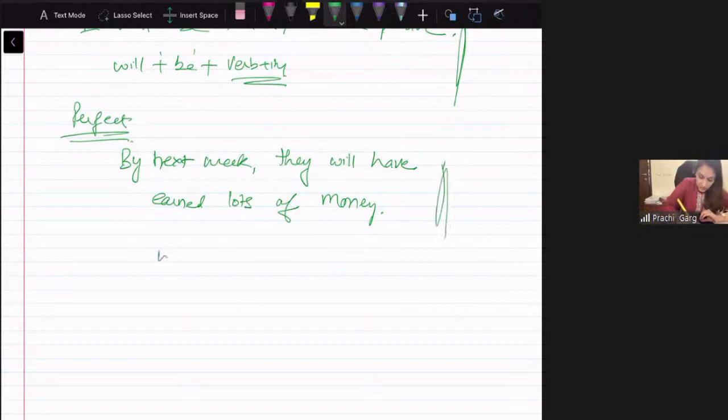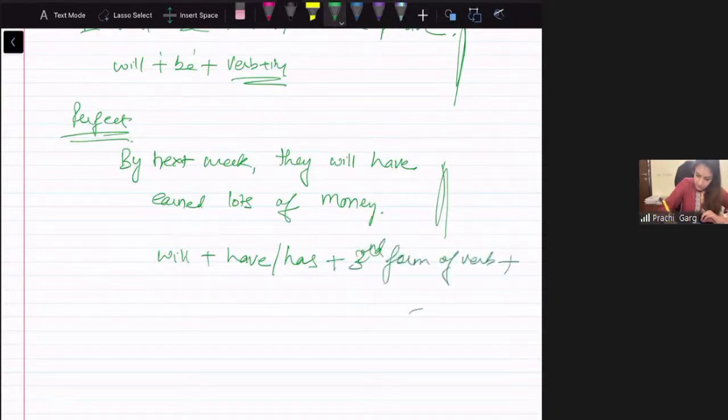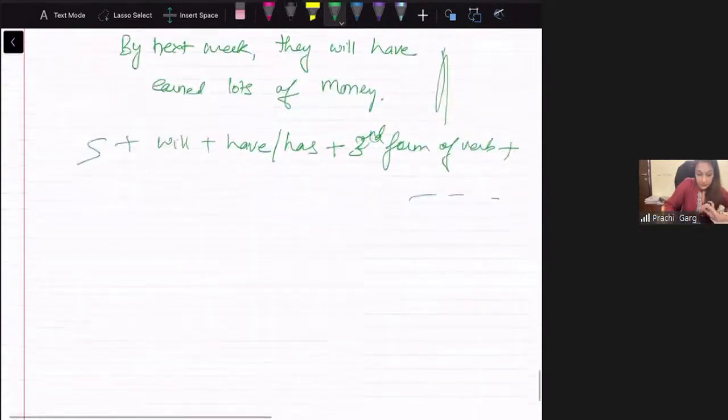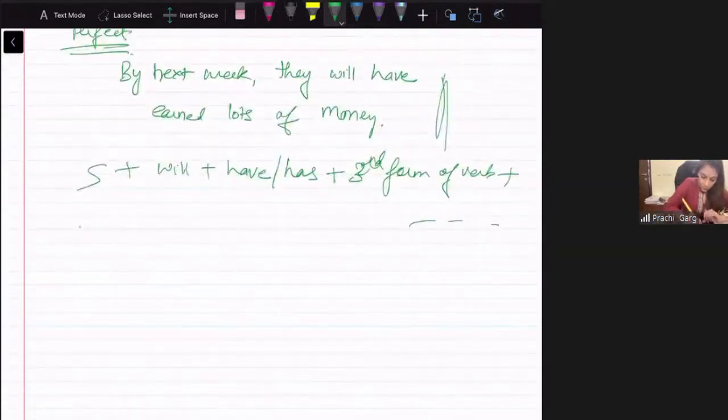Now the structure is we use will plus have or has, depending on the singular or plural subject. Then you have the verb, the third form of the verb, plus the rest of the sentence. Clear? Next, future perfect continuous.